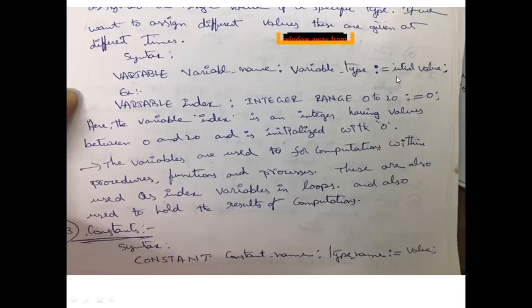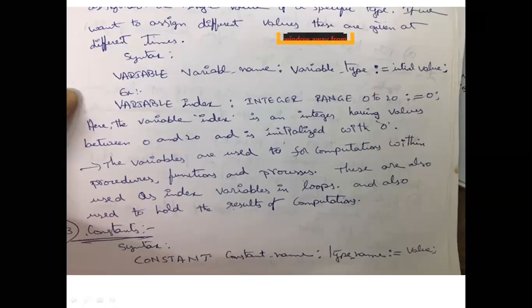After colon equal to, we have the initial value, and end with a semicolon. From this variable to this semicolon, this is called the syntax for variable.